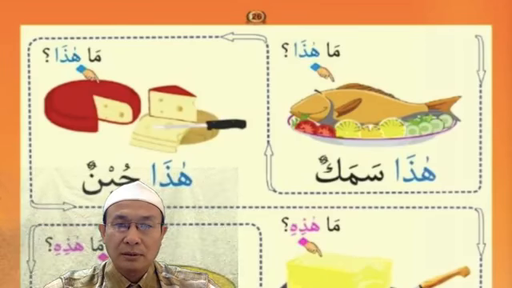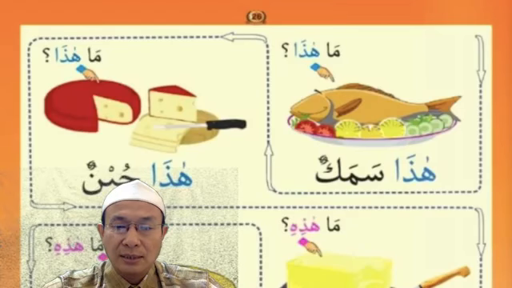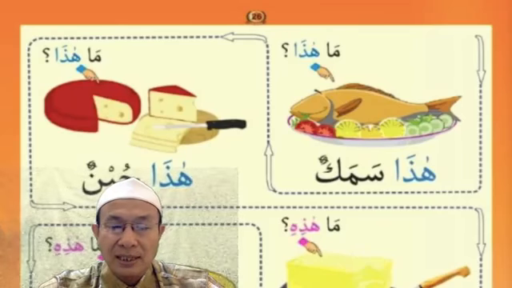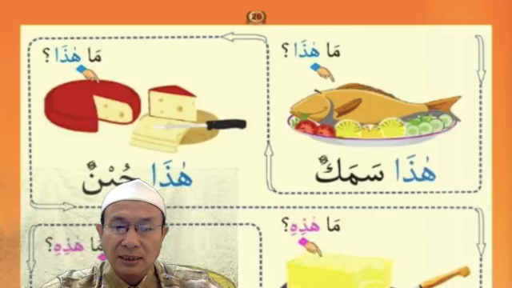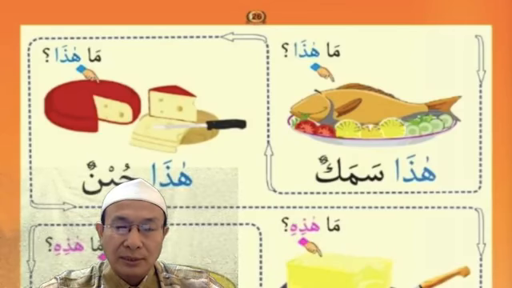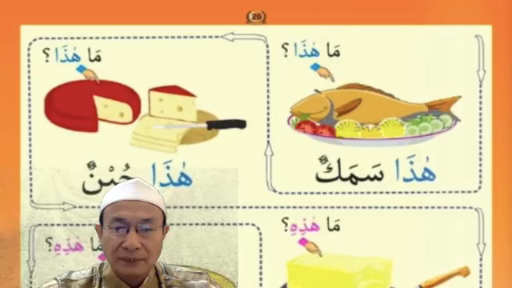Fish. ما هذا. What is this? Because the word samakun is a male or masculine word, you use هذا.